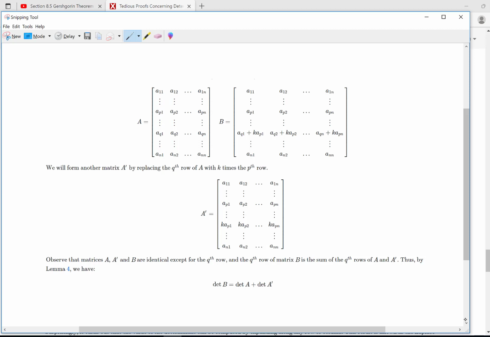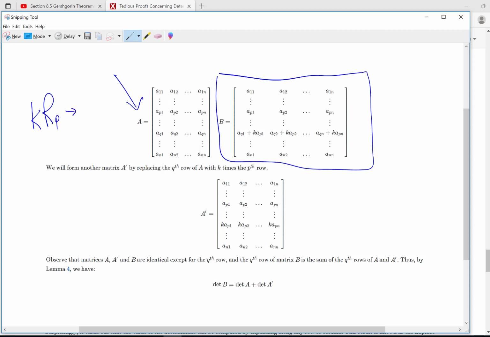Our target is this matrix B, because what we did was start with matrix A and add K times row P to row Q. That becomes the new row Q. So that's how we get matrix B from matrix A.